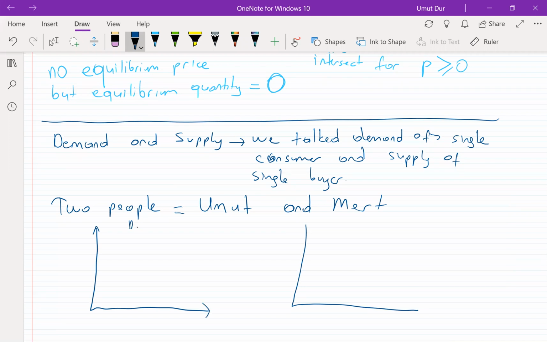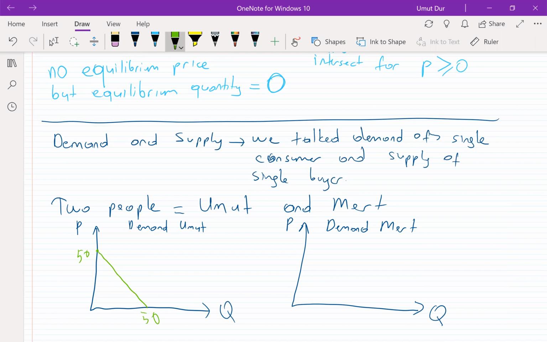This is the demand function for Umut, and this is demand for Matt. This is quantity, this is price. For the first guy, let's say the demand function starts from 50 and goes to 50 like this. For the second guy, demand starts from 50 but goes to 100.